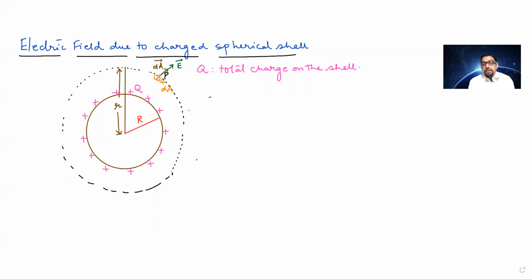Let us calculate the electric flux first. So electric flux is equal to E dot dA. The total electric flux is going to be the integral, and this is equal to E integral of dA. The angle between E and dA, as you can see, is 0 degrees. They are in the same direction.